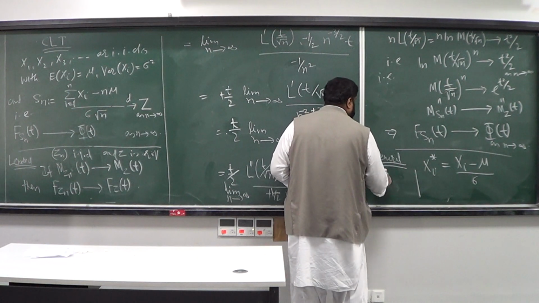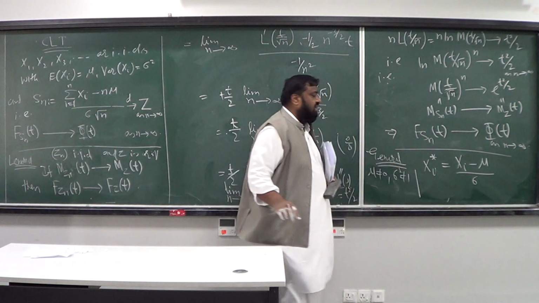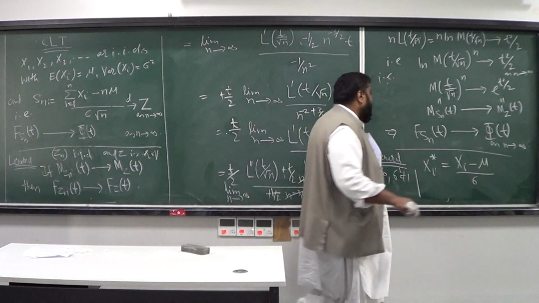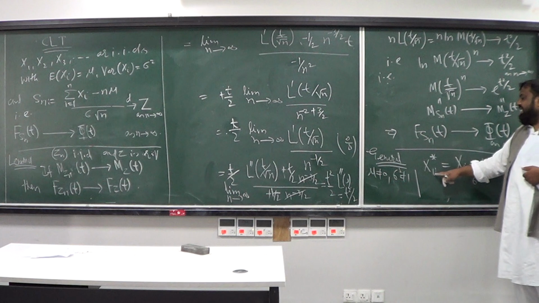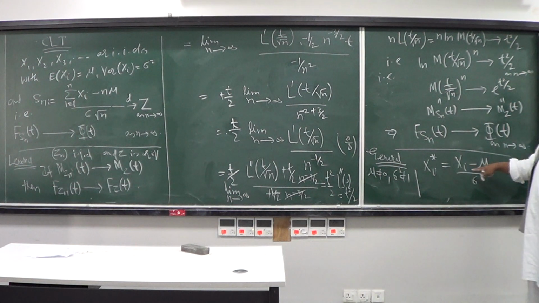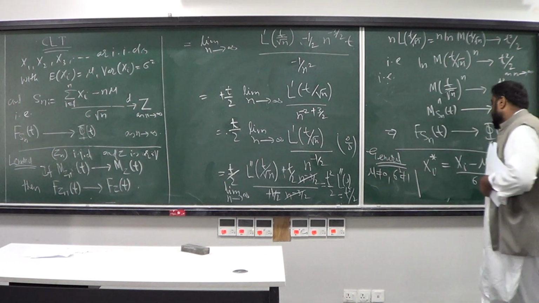So they are general, they can be anything. Now xi star is xi minus mu over sigma, so this is like a standardized version of xi, where the expectation of xi is mu and the variance is sigma squared.